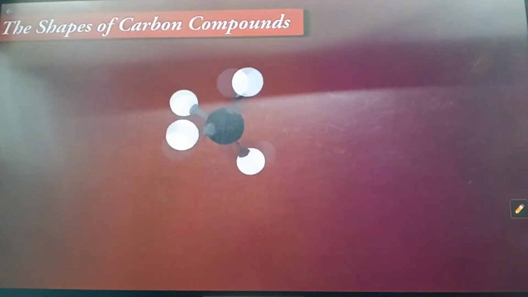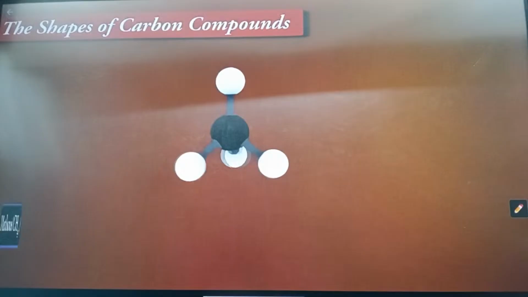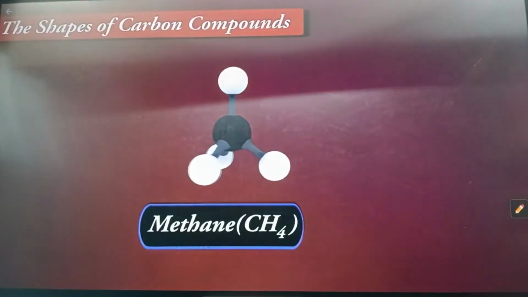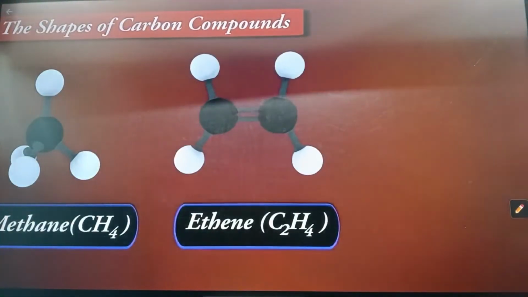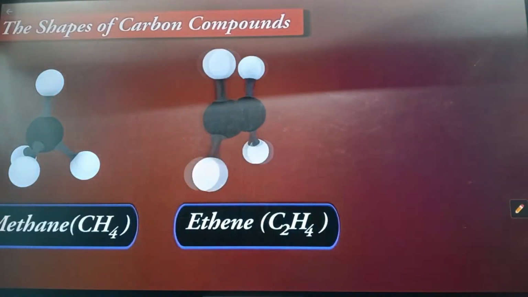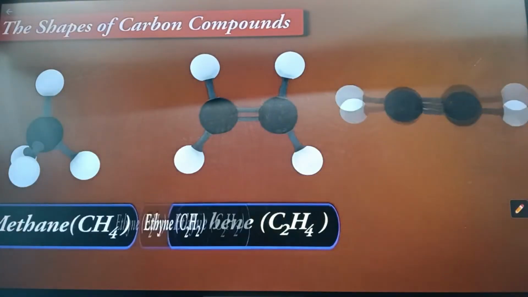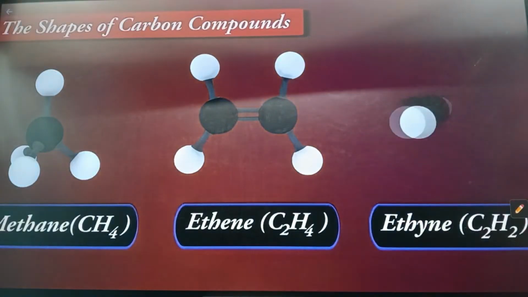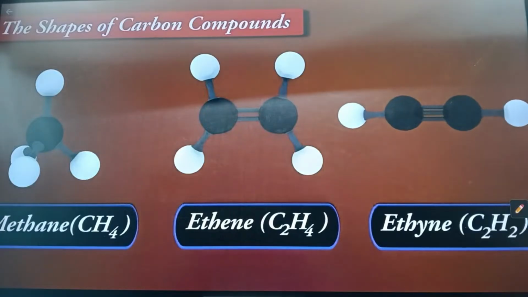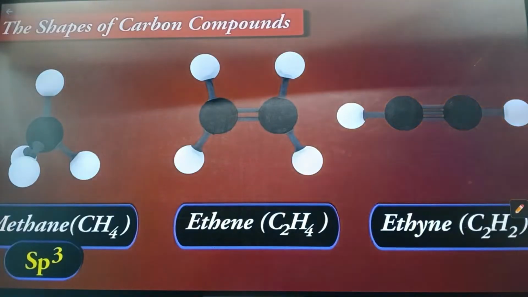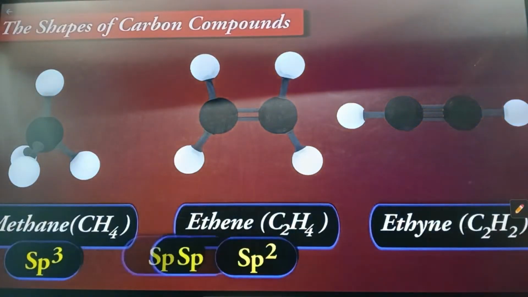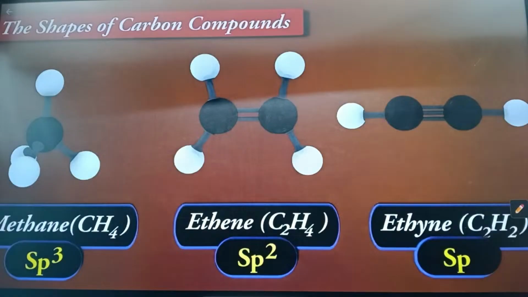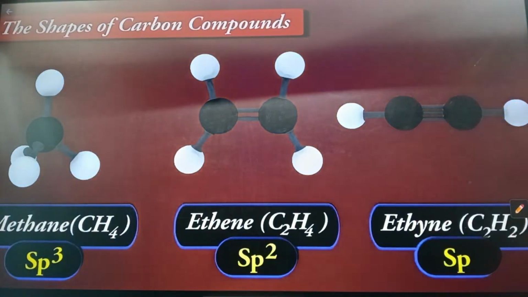It may be recalled that the formation and the shapes of molecules like methane, CH4, ethene, C2H4, ethine, C2H2, are explained in terms of the use of sp3, sp2, and sp hybrid orbitals by carbon atoms in the respective molecules.